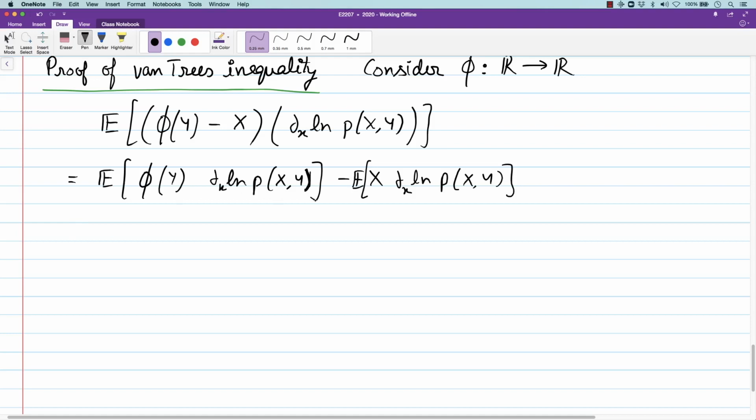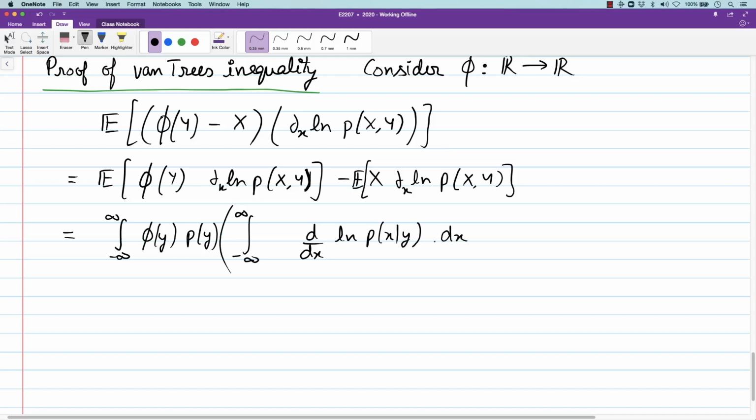Once you have this, what do we do? This can be written as the integral from minus infinity to infinity of phi of y p of y. Remember, y is the output, but we are still doing p of y. And then the integral from minus infinity to infinity of the derivative with respect to x of log of p of x given y, dx dy.